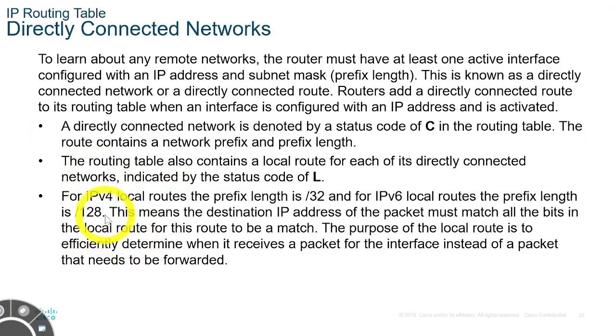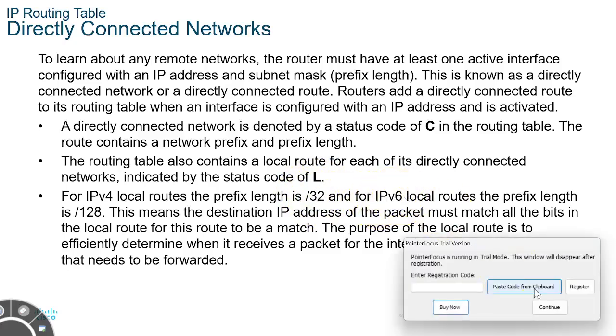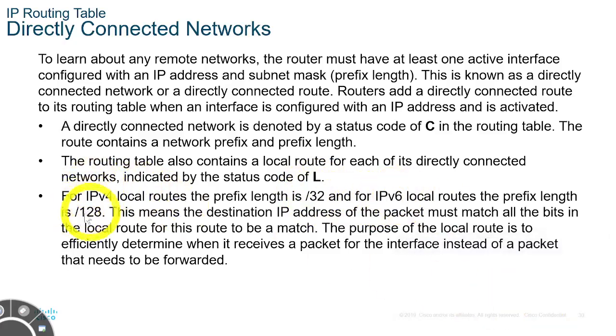So for IP version 4, local routes have prefix /32, you know this. And for IP version 6, it's the complete prefix length, /128. It means that these are local routes. If we see /32 for IP version 4 and /128 for IP version 6.